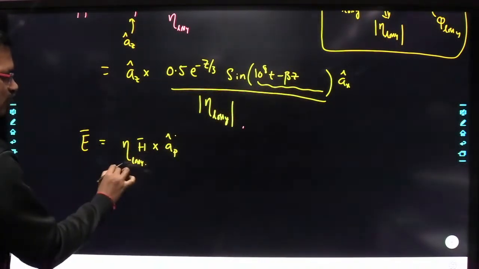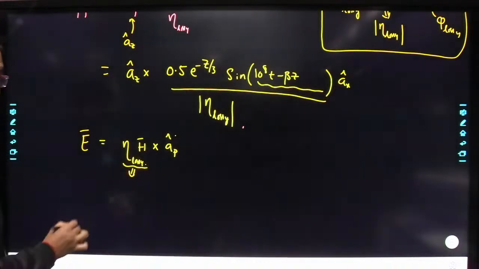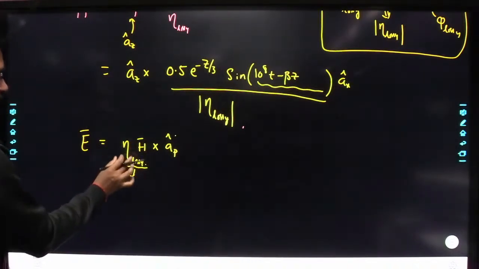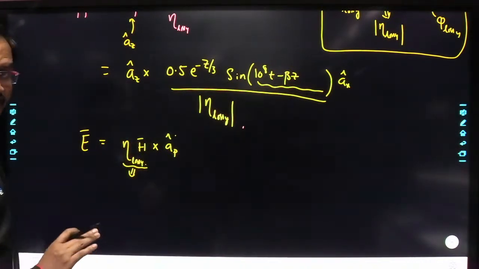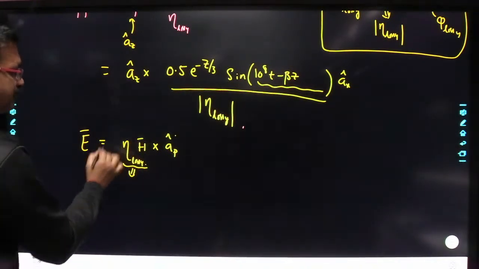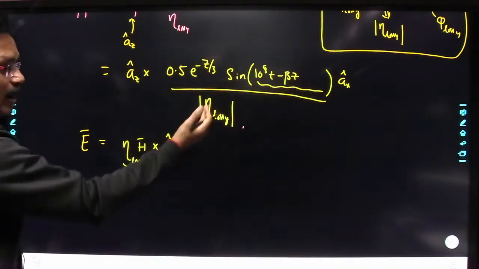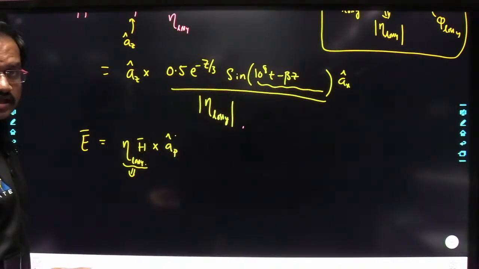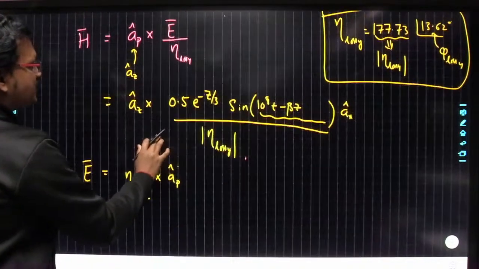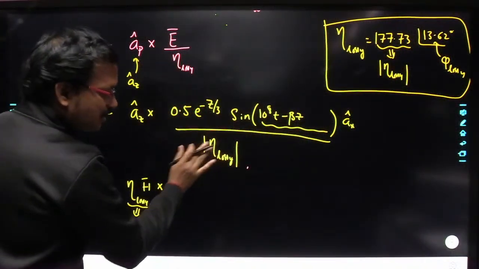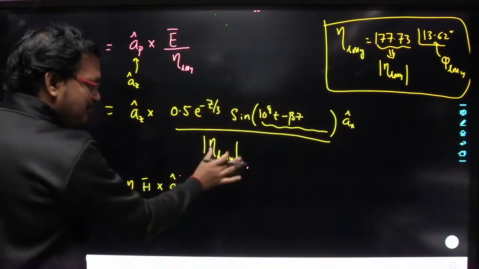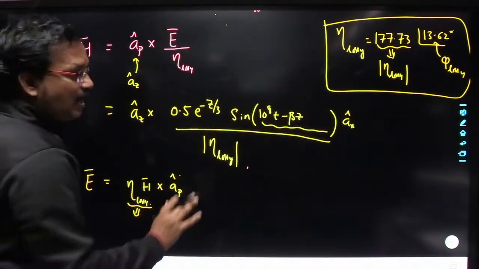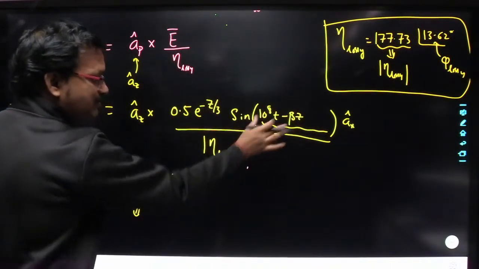In the previous problem, we multiplied the magnitude of eta lossy with the amplitude of the H field, and the phase shift of this eta lossy we added in the phase term. But here in this expression we are getting eta lossy in the denominator, so we have to divide the whole thing by the magnitude of eta lossy, and in the phase term you have to subtract this phase shift.